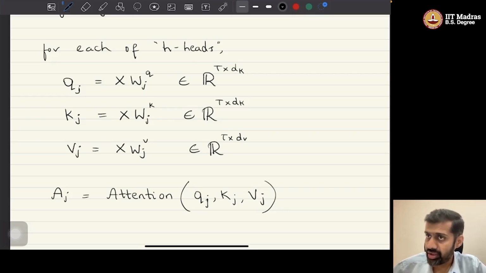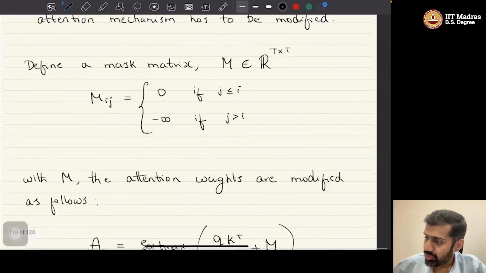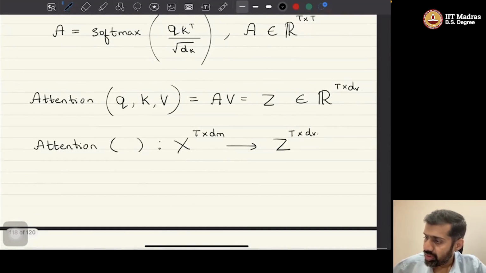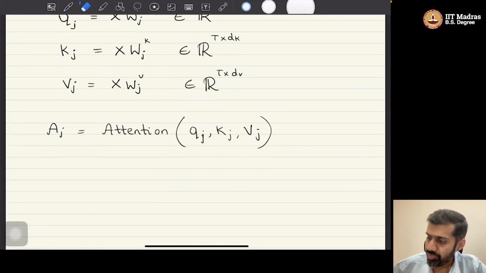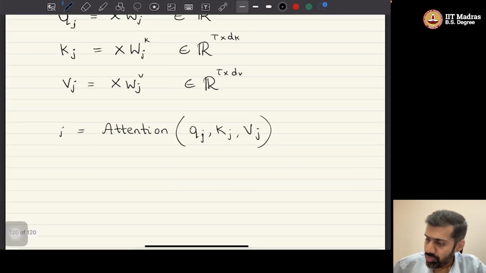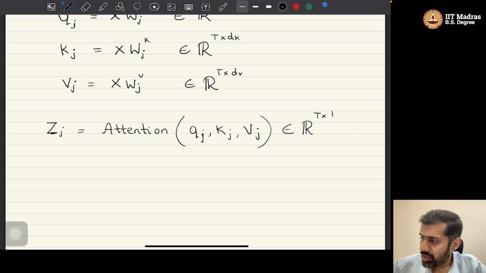We called the attention Z, so let's call this Z_j. This is the attention matrix corresponding to the jth head. This is in R^(T×d_v) space.